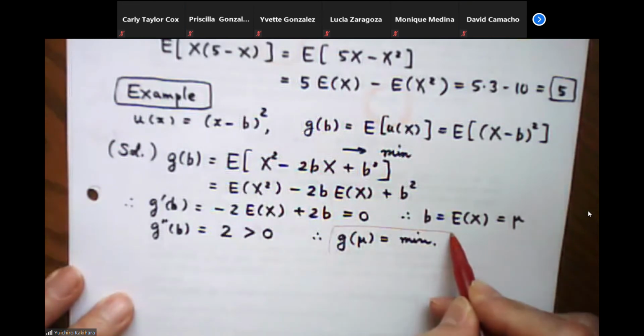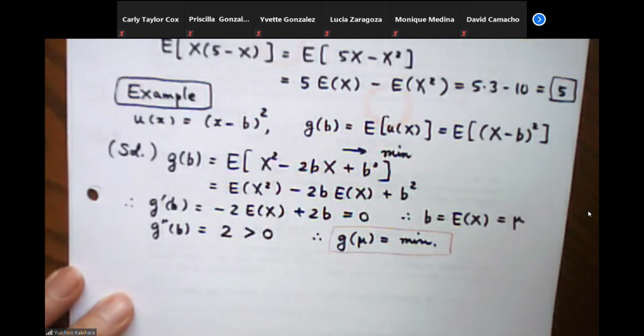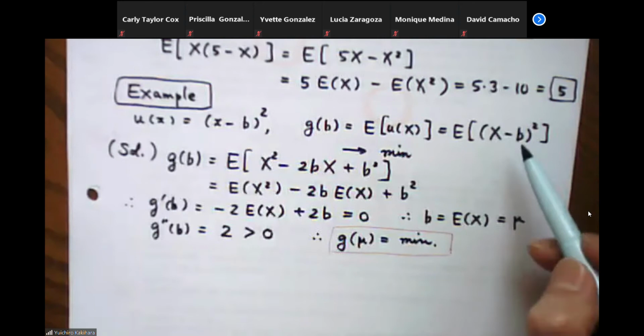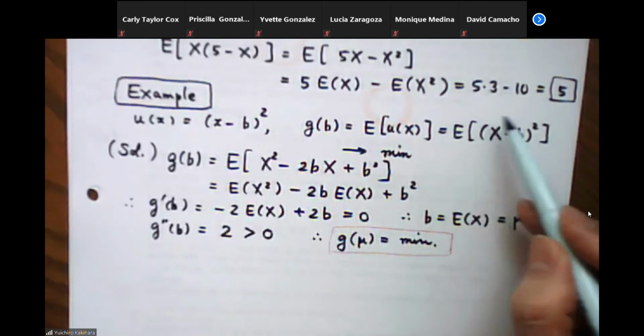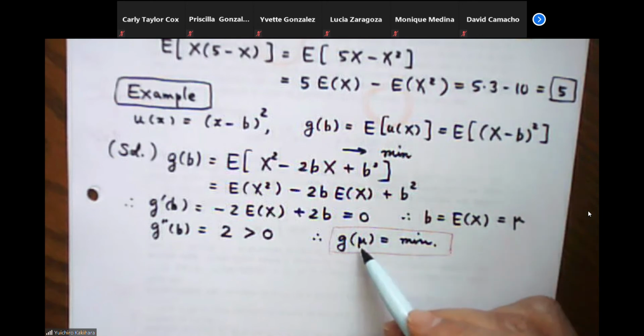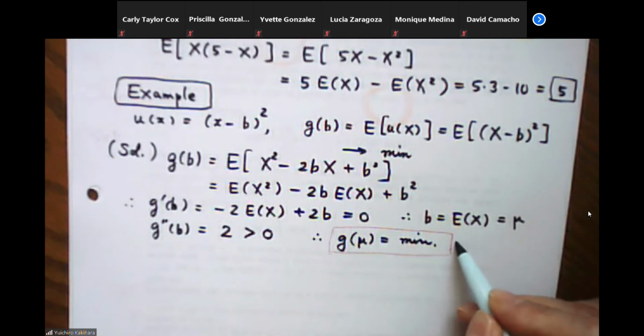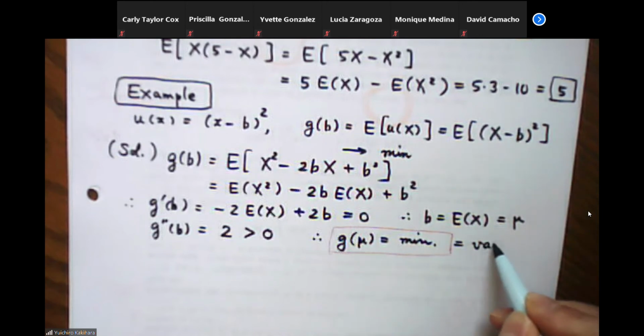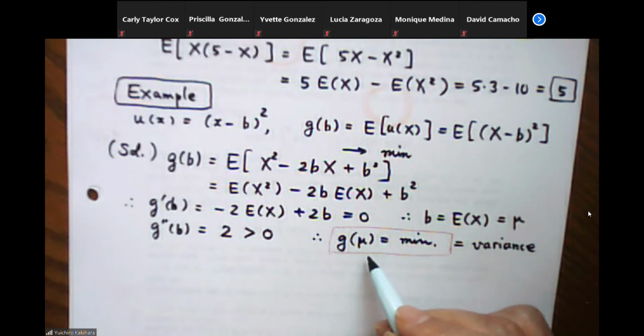And then what's next? This is mu. Then this quantity is called the variance. I should write this: g of mu is called the variance.